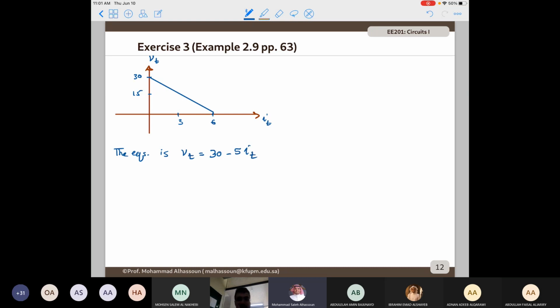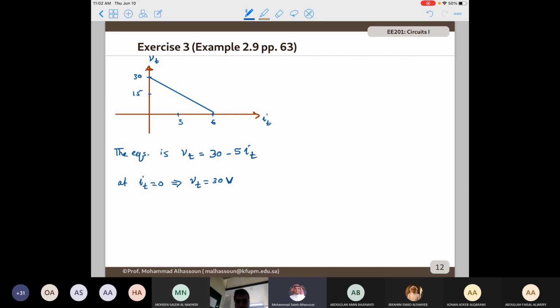If you try to find the equation of this line, you'll see that the slope is negative 5 actually, and there is a shift here. The shift is by 30. So this implies that when It equals 0, we have Vt equal to 30 volts.